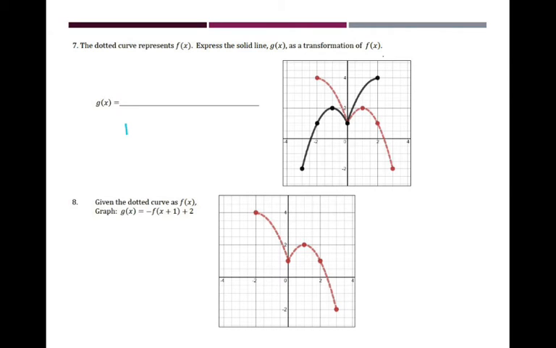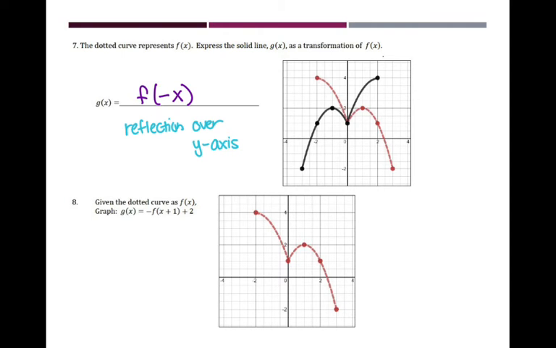It was a reflection over the y-axis. Anytime I'm writing an equation with a reflection over the y-axis, the negative is inside my function, so my negative is going to be inside my parentheses with the x.